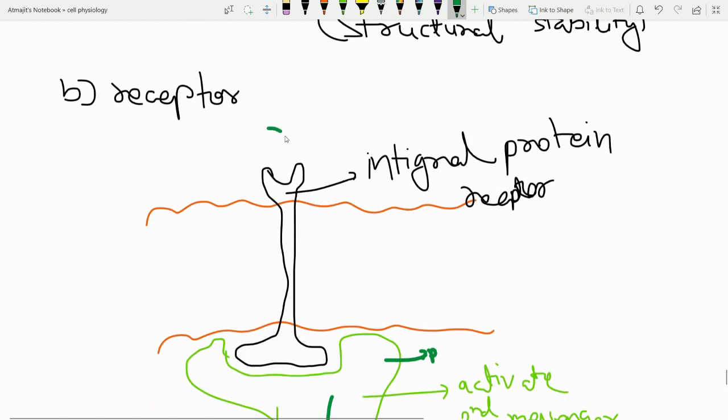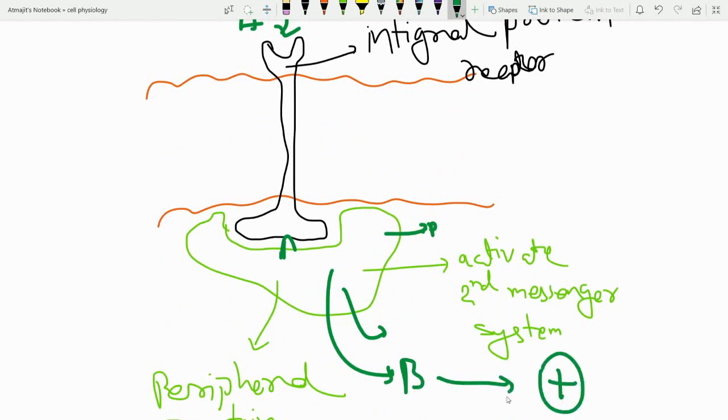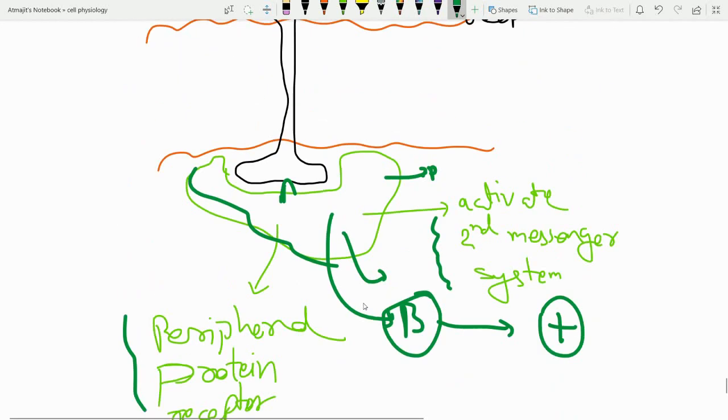Let's take one component A will attach, then it will convert this structure, which will effectively activate B, then B causes drastic changes in cells. So B is the second messenger. So these proteins can cause a second messenger system. So these are peripheral protein receptors.